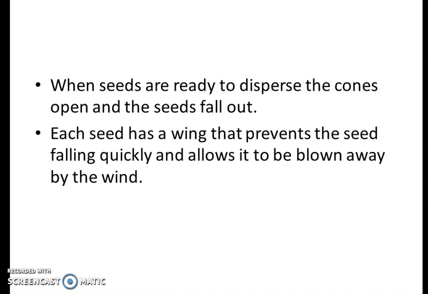Each seed has a wing that prevents the seeds from falling quickly and allows them to be blown away by the wind. This method actually helps them to spread, because spreading of the seeds is very important. If they did not have the wing-like shape, then it would not be possible for them to be blown away by the wind.